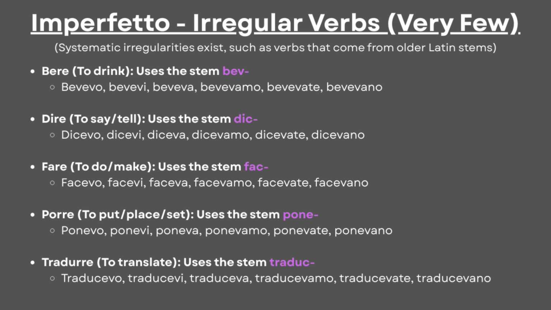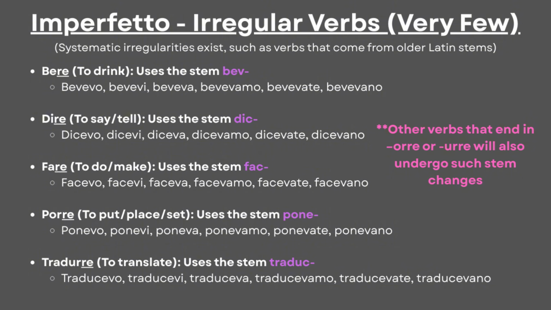The irregularity is that their stems change while still having the same endings. Principally, all of these verbs end in re, which is a good detail to know because such stem changes also affect verbs that end in orre and urre. Of course, we don't need to show all verbs that have such endings, so it's a simple note to keep in mind.